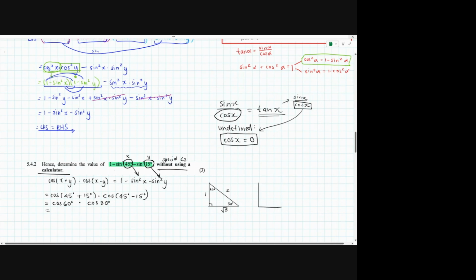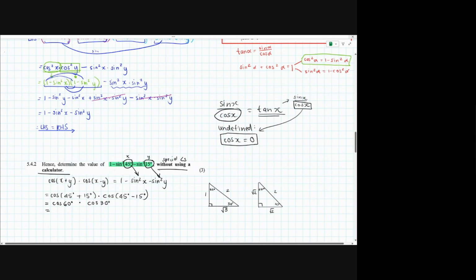Some of you might have learned the 45-degree triangle a little bit differently, but this is how I work with it to ensure that I always end up with rational ratios. Root 2, root 2, 2. Some of you might have learned it as 1, 1, and then your hypotenuse root 2. It really doesn't matter. Absolutely no difference.